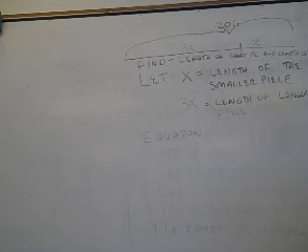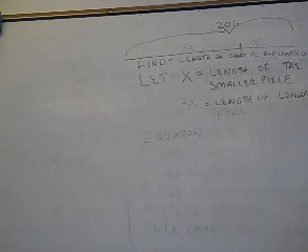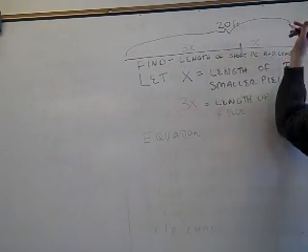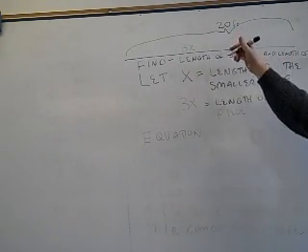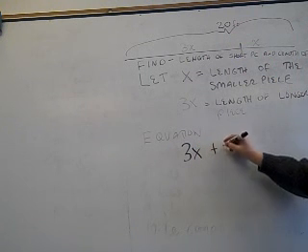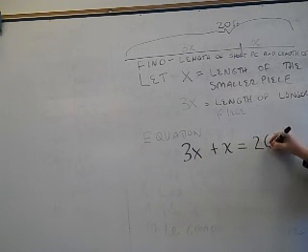We could go simpler than division. Even though we are cutting it up into that many pieces, we could go simpler than division. 3x plus x equals 20. Yeah, there's this length plus this length is 20. The long length plus the short length is 20.